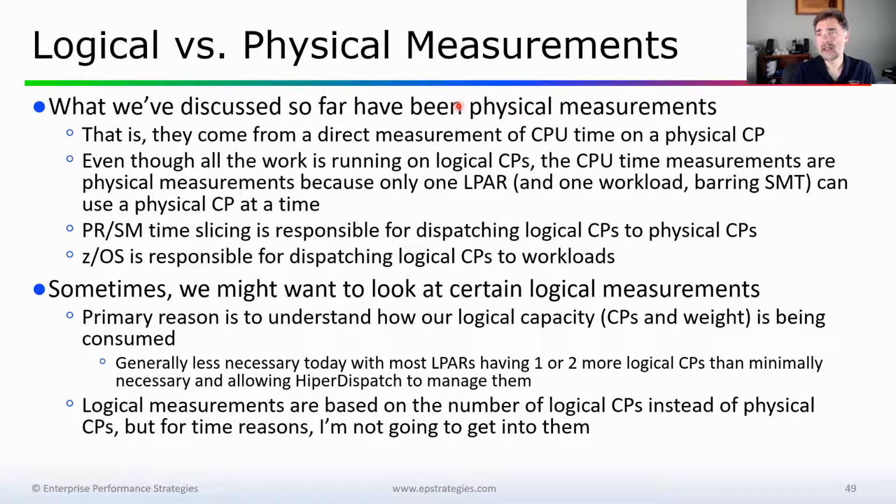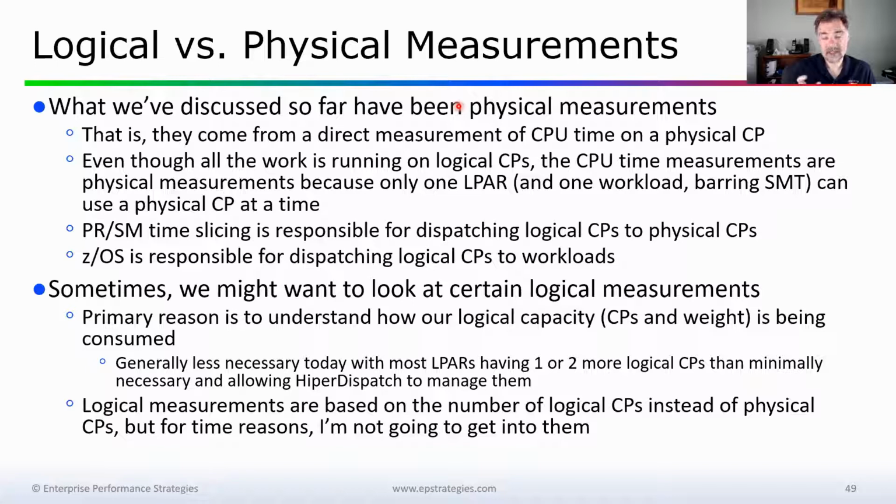So this chart just says that we've been talking about physical measurements that come from direct measurement of CPU time. CPU time is a physical measurement, even though you're running on a logical CP on the LPAR. Remember that the physical CP that the logical CP is running on can't be running work for multiple logicals at the same time.